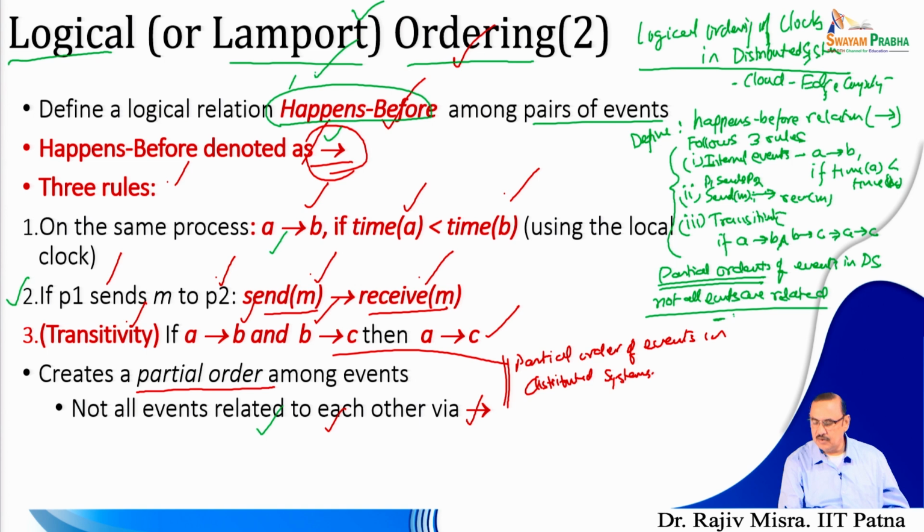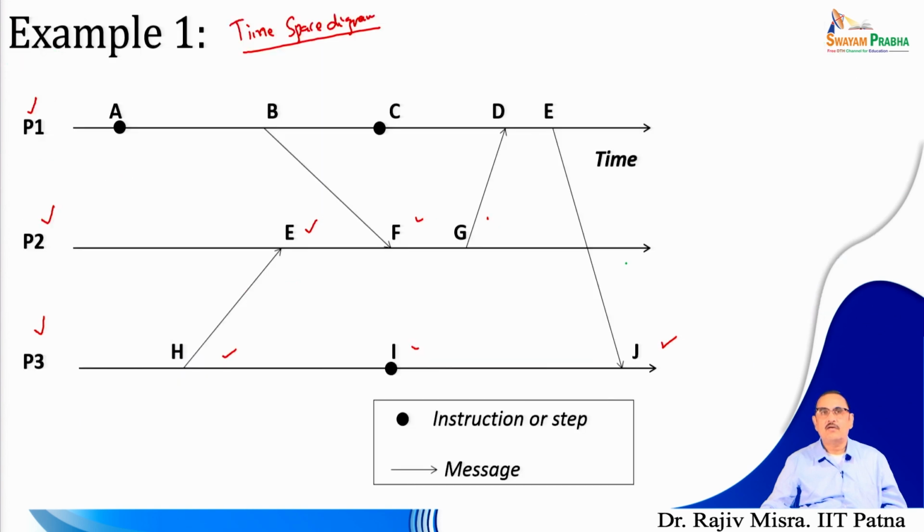So, that means we need a total ordering, that means some additional rules we have to add to achieve the total ordering of events in distributed system. So, up to this point we have achieved the partial ordering of events in the distributed system with the help of logical ordering, that is called Lamport ordering.